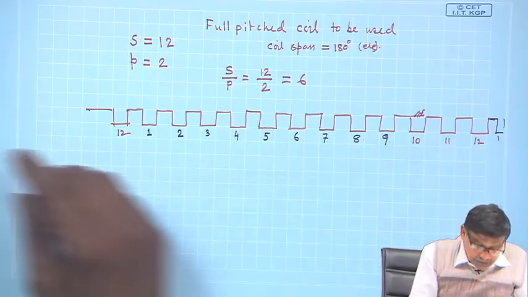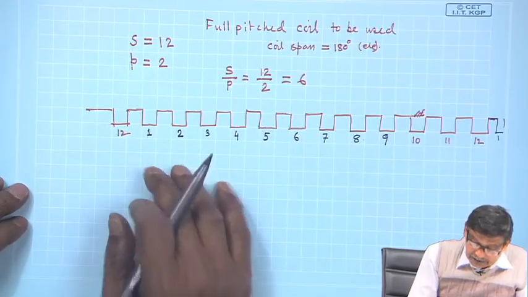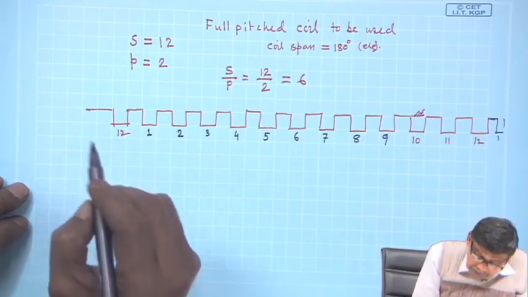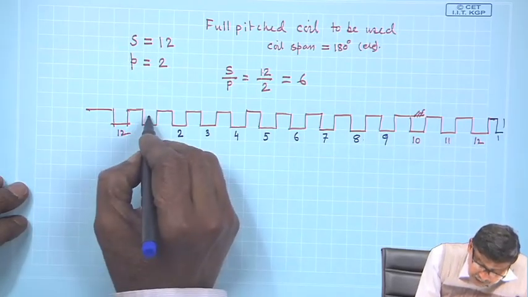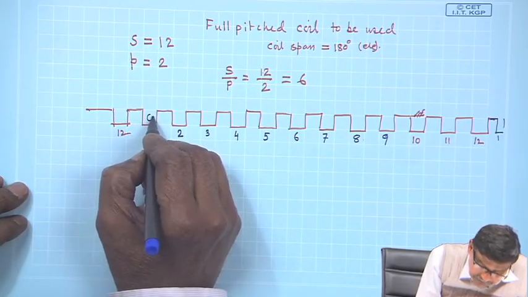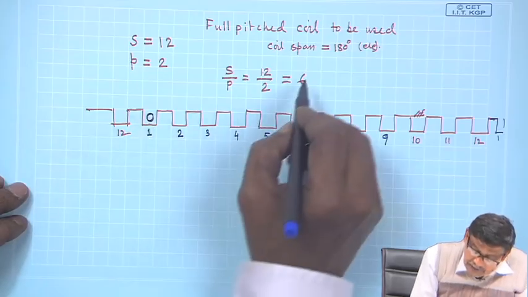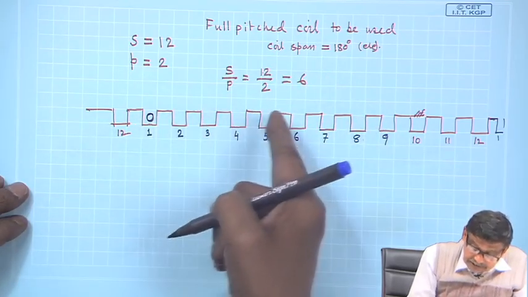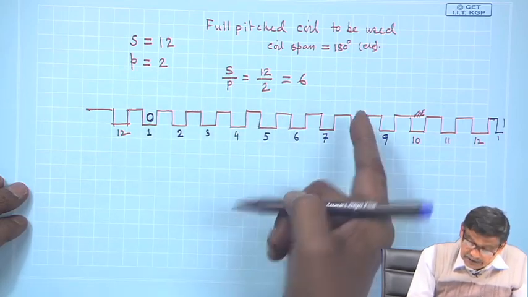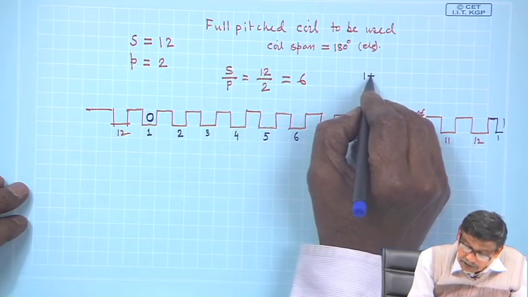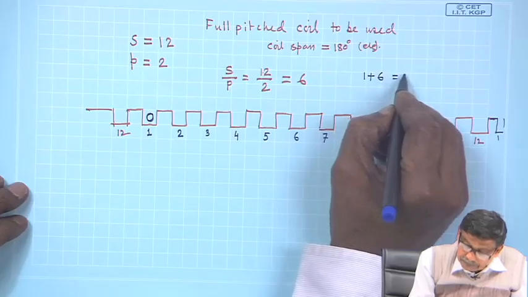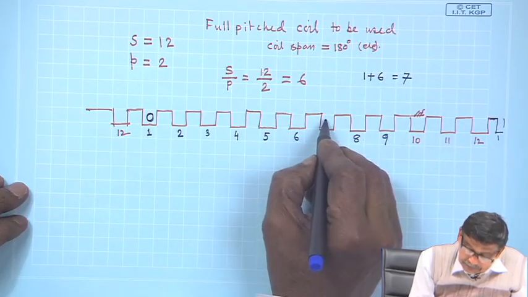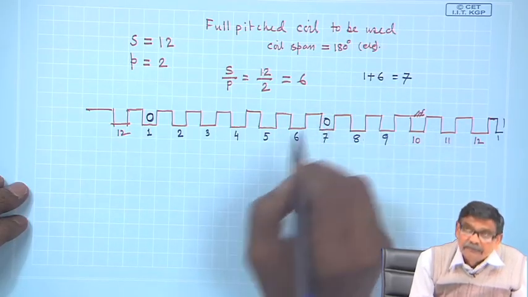Now, what I will do, only this much I will tell, time is not there. What I will do is this: one coil side will be placed here, 1, and a full pitched coil is to be used. Then its return other coil side must be placed at 1 plus 6, that is 7. It must be placed at 7.